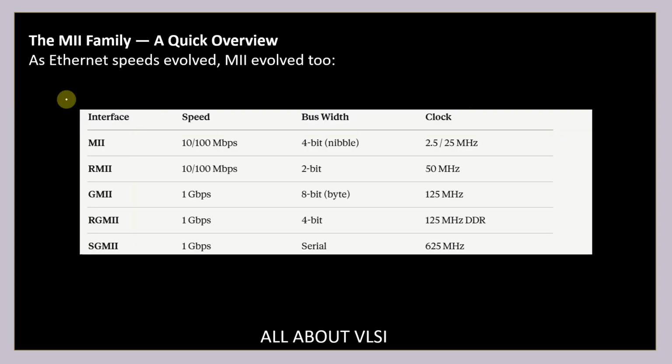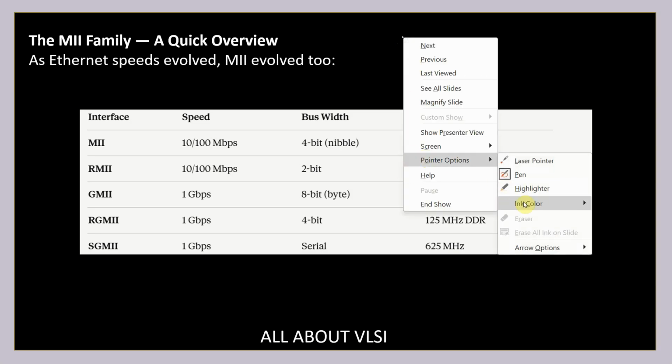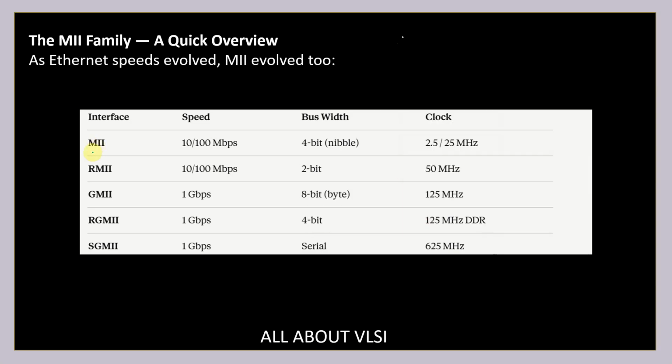And basically, this MII family has different kinds of extended interfaces. This is what we are going to use in our Verilog coding. The MII interface we are going to develop supports 10 to 100 megabits per second, the width of the bus is 4 bits, which is a nibble, and the clock frequency is 2.5 or 25 megahertz.